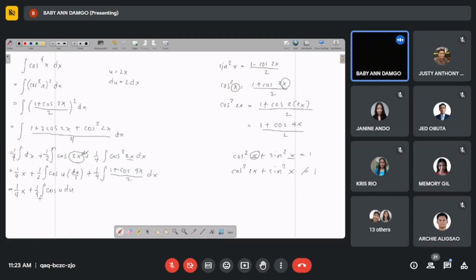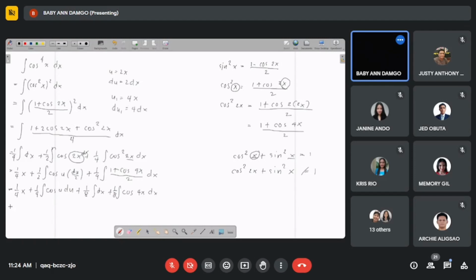Plus, this can be written as 1/8 integration of dx plus 1/8 integration of cosine 4x dx. Okay? So here we let u sub 1 be equal to 4x. Our du sub 1 is 4 times dx.